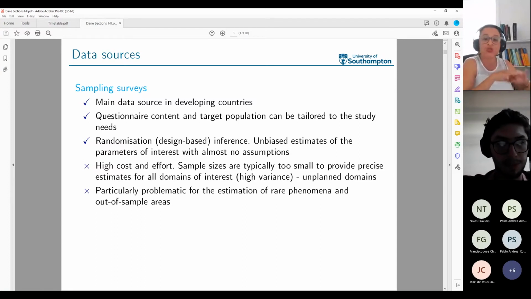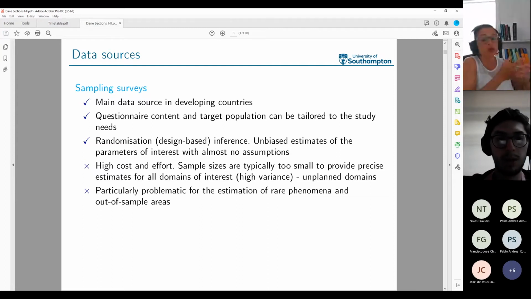And the fact that you don't have to assume many things is generally seen as a good thing in the context of official statistics, because you are making fewer assumptions that you need to prove, let's say. So the fact that you can get good quality estimates for the parameters of interest while having almost no assumptions, an almost assumption-free framework of inference, is something that is desirable in the context of official statistics.